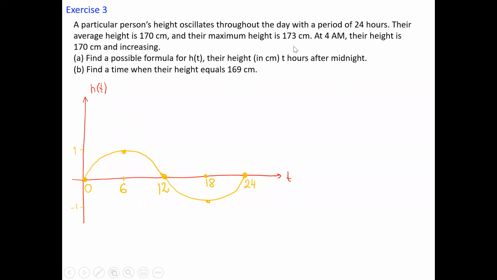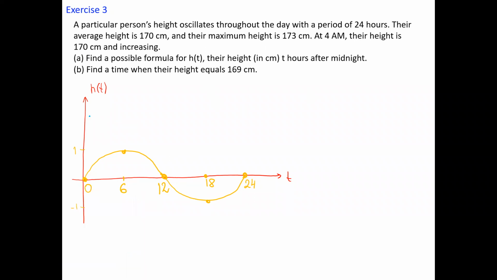Now we also have the information that the average height, 170 centimeters, is happening at 4 a.m. Then 4 a.m. is telling us that we will shift 4 hours to the right. Let's try to do it.